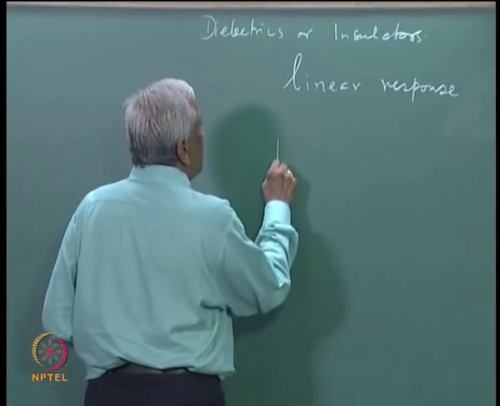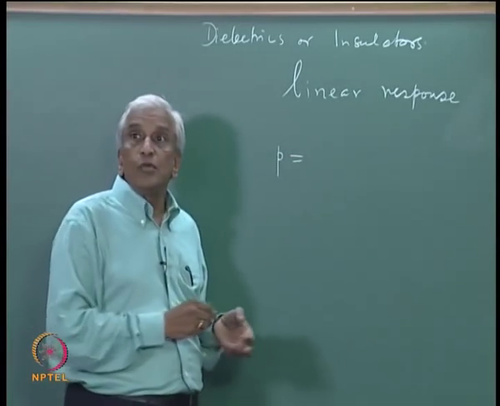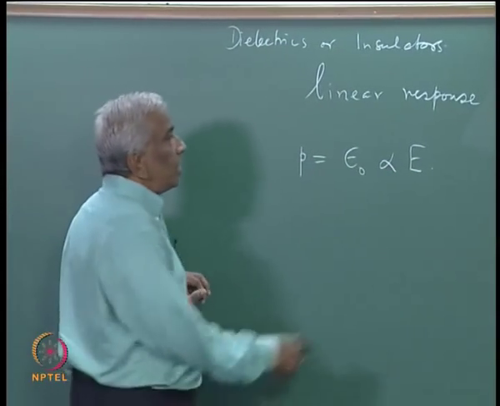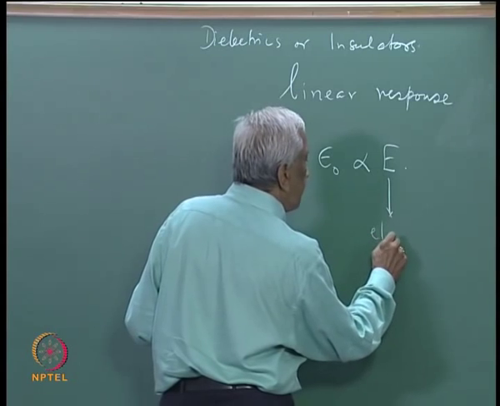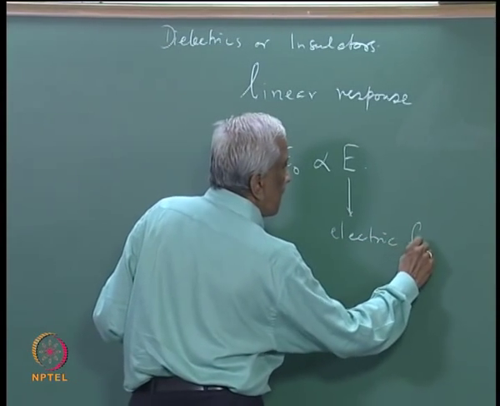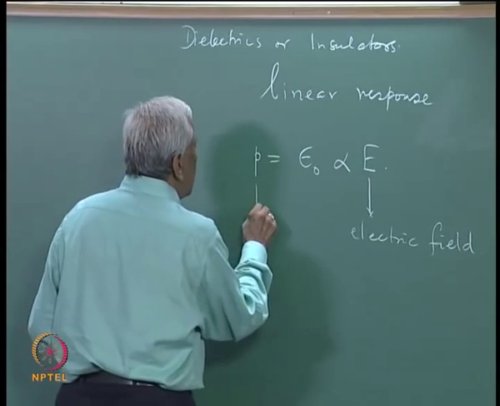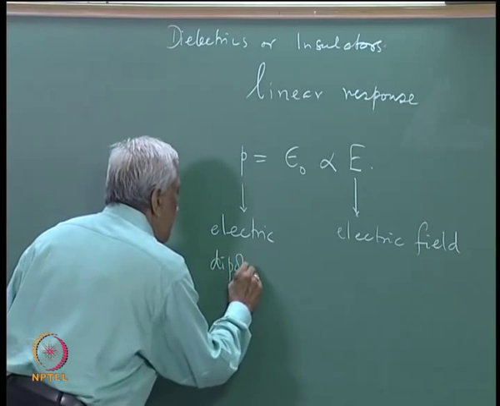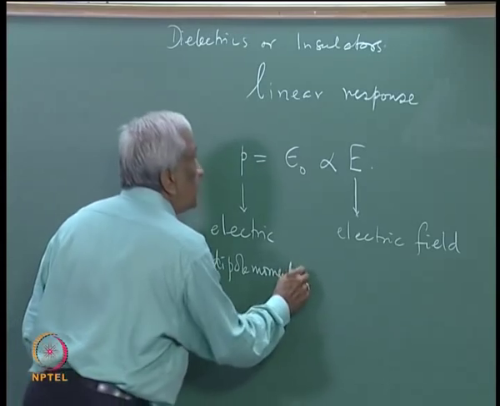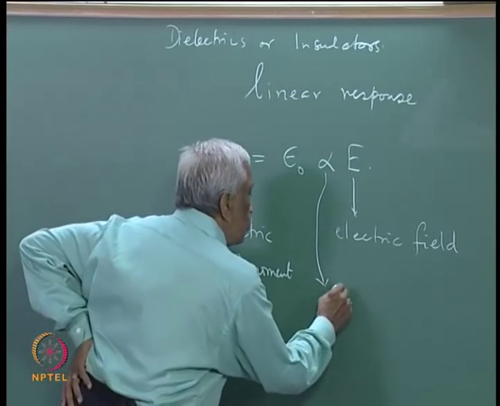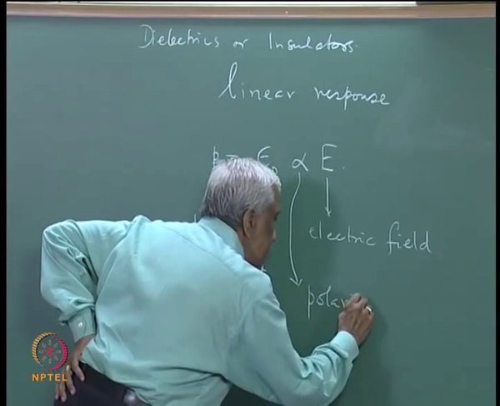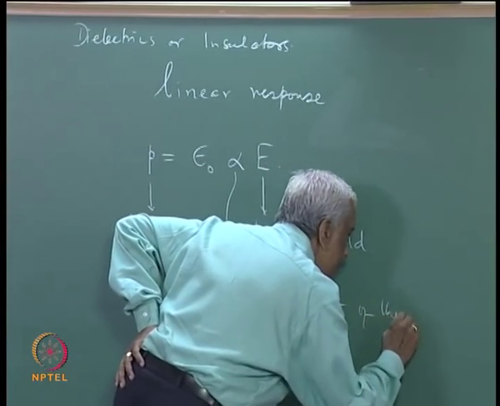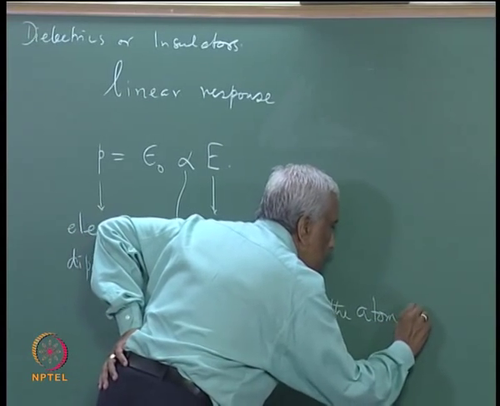Therefore, if P is the electric dipole moment, we can write P equals epsilon naught alpha E. Now, here E is the electric field, P is the electric dipole moment, and alpha is the constant of proportionality known as the polarizability of the atom or molecule.